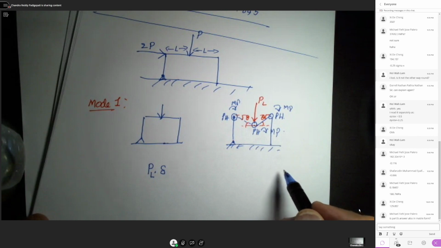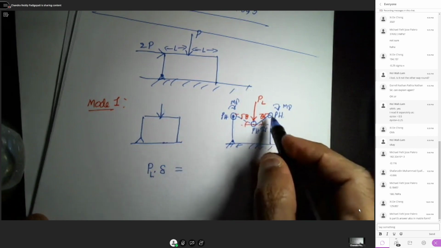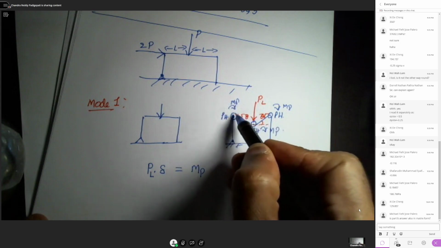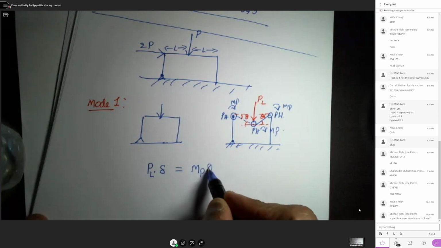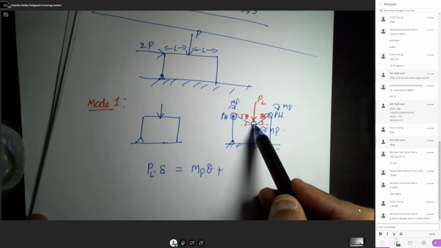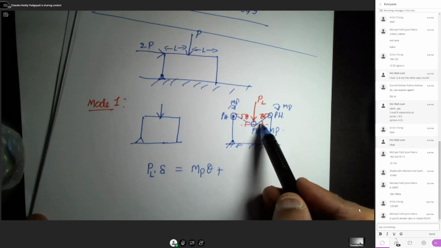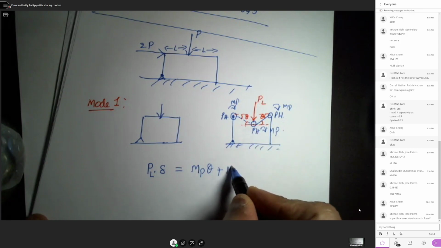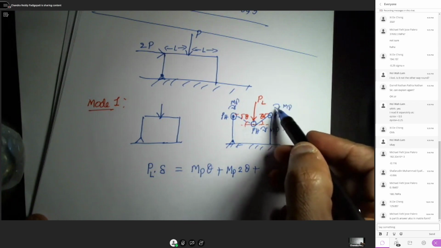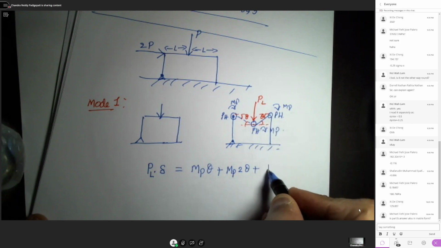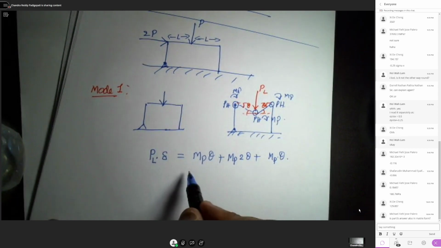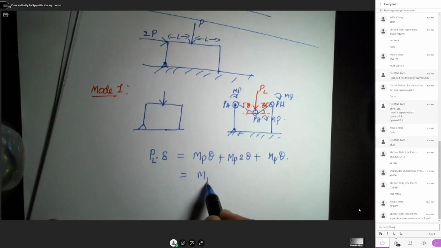Then the work done by the three moments: this moment gives MP into theta, plus this moment, where this side is theta and this side is theta, gives MP into 2 theta, plus the work done by this moment MP into theta. So you will have MP times 4 theta.